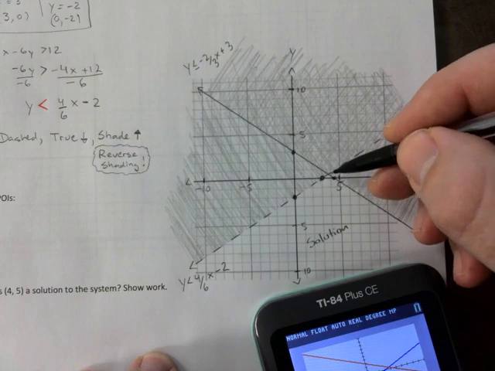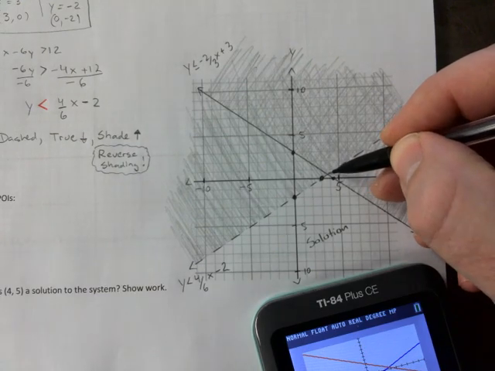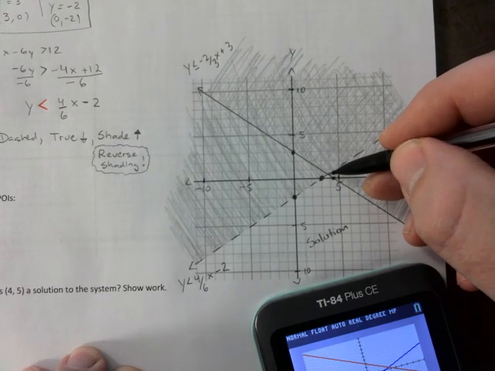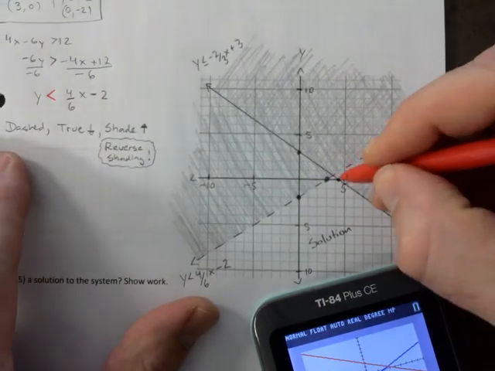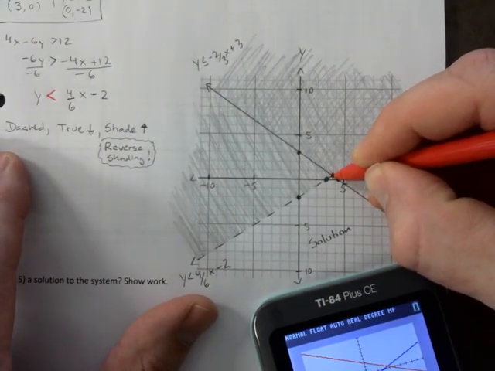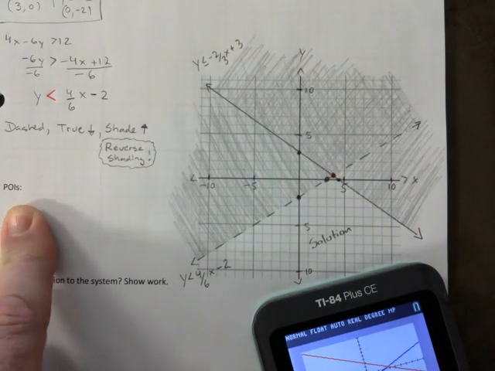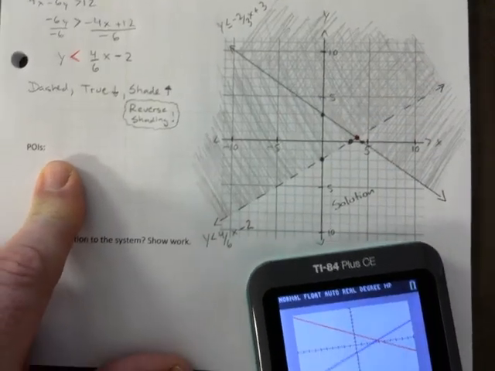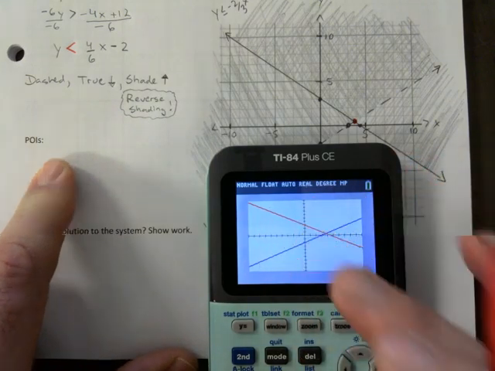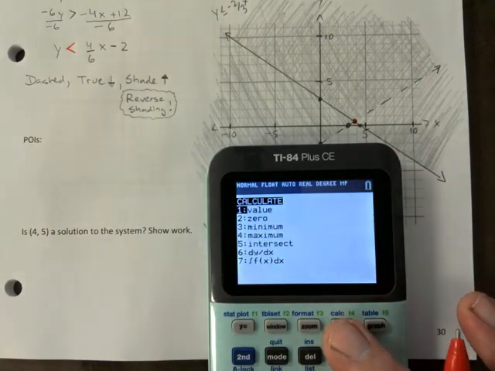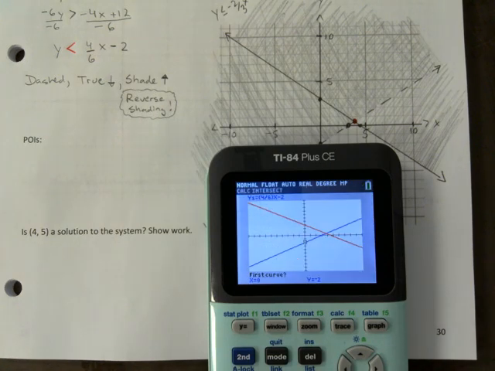So now we need to find the POI. When there's a system, there are POIs. In this case, there's only one. Okay, I'm gonna make a red dot there with my pen or something that sticks out. You can state it here on the side, or you can do it on the graph. It's up to you. So you have this graph. We're just gonna go second, trace, intersect, enter, enter, enter, and there it is.